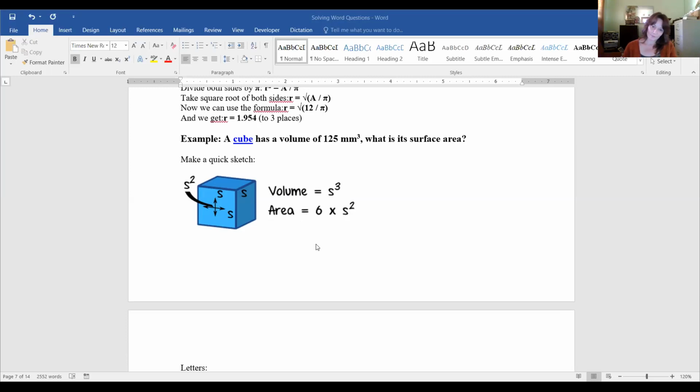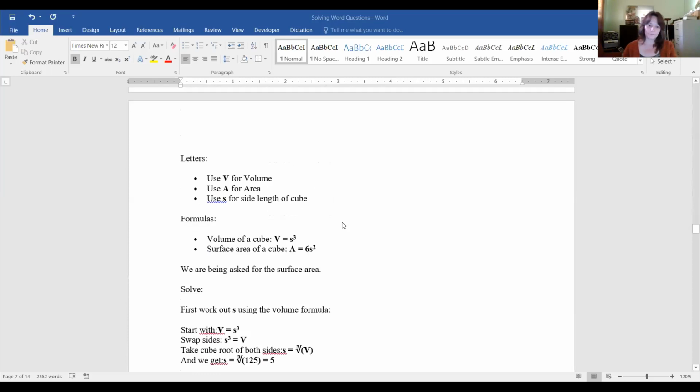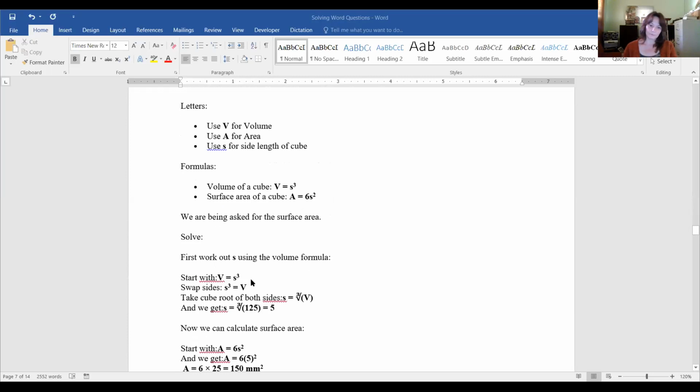A lot of times problems like this just require that once you figure out the relationship between these two, volume and area, then solving one of these equations gives you the handle to solve the second one. That's what we're after here. We're being asked for area, so we find what S is using the first formula.